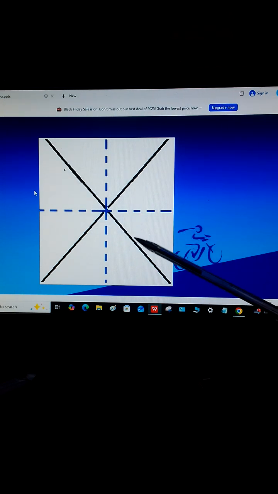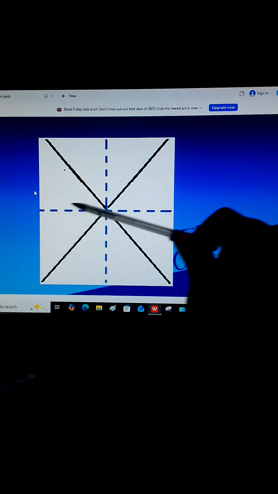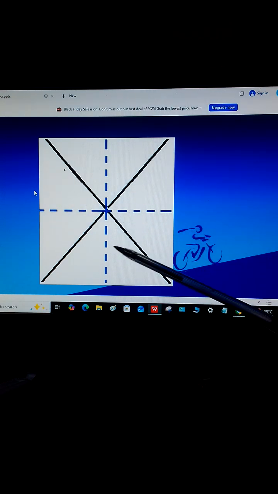Okay, so the locus of points which are equidistant from the two intersecting lines is a pair of perpendicular lines which bisect the angles between the given lines.